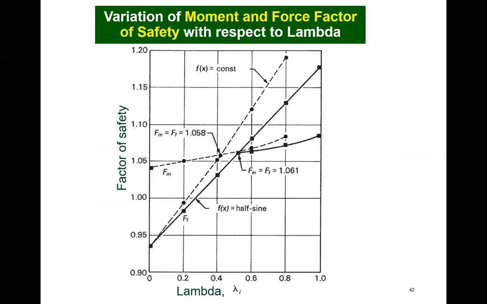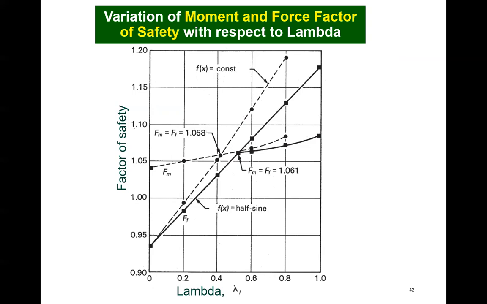By plotting the moment and force equilibrium factors of safety versus the lambda value, it is possible to observe that under a unique set of interslice shear forces, the two factor of safety equations gave a single value.